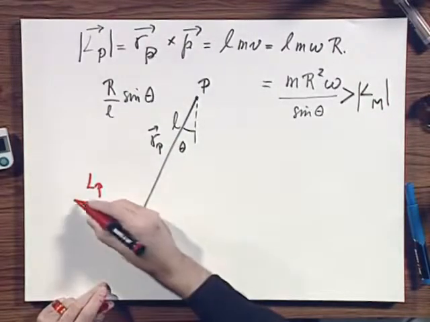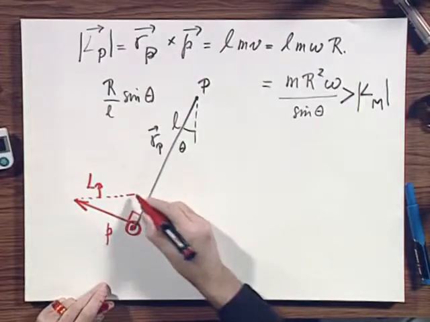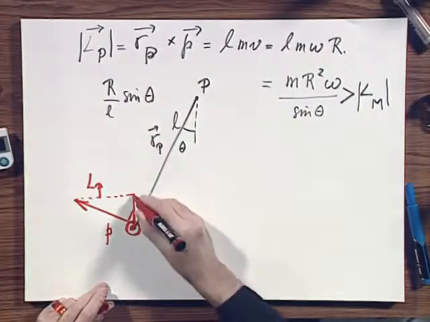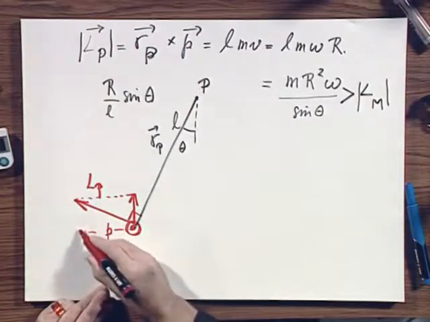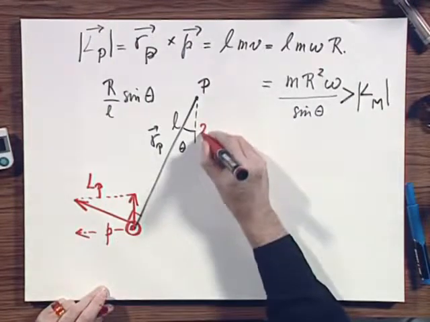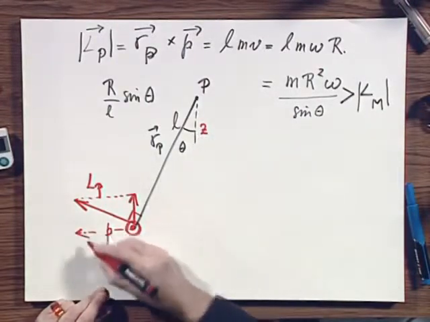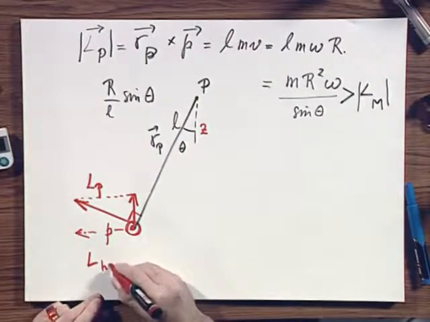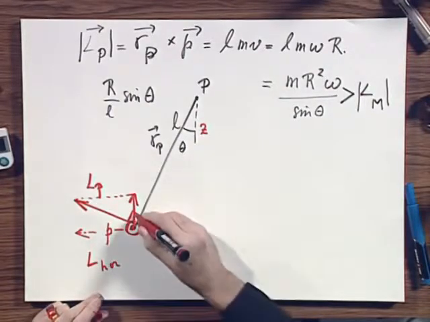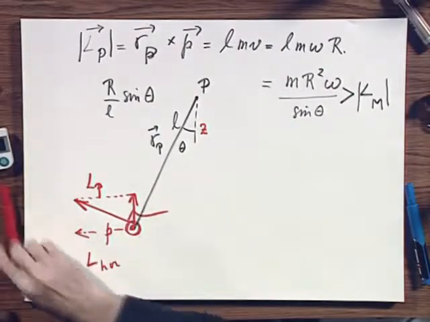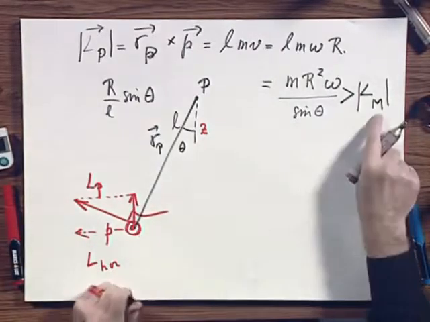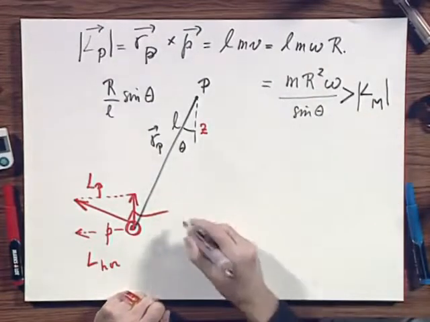Now comes something quite remarkable, and that is if you decompose the angular momentum in two directions, one which I call the z direction and the other which I call the horizontal direction, then it's very easy to show that the angular momentum in the z direction is exactly the same as Lm was before.